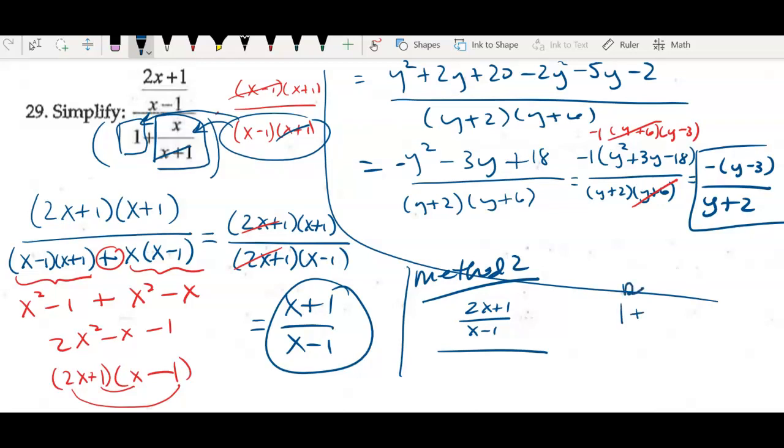This is the denominator. All right, so you can multiply by x plus 1 over x plus 1. I get x plus 1 plus the other x over x plus 1. And that gives me 2x.